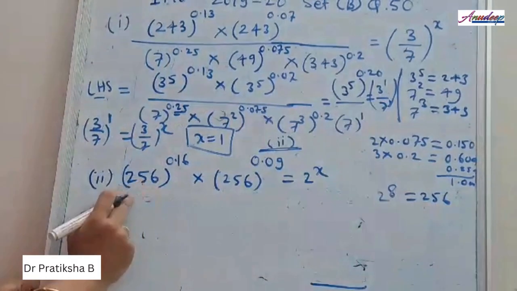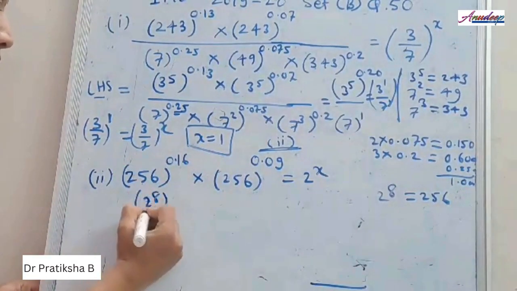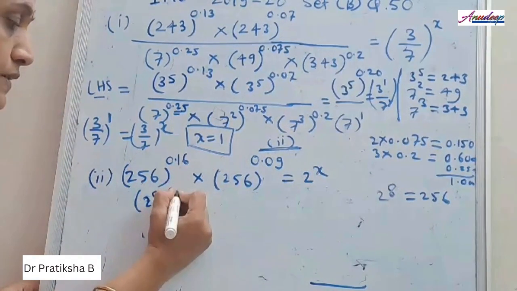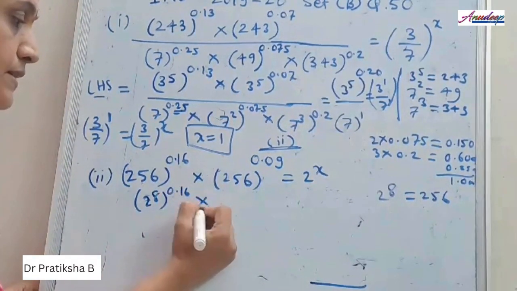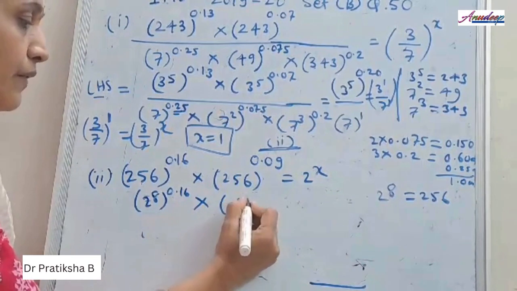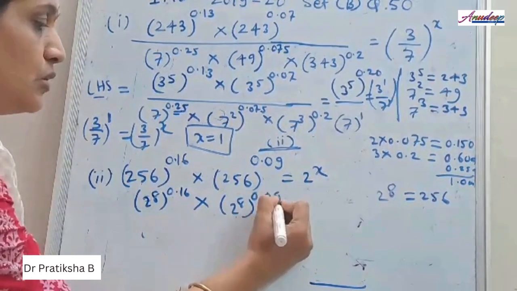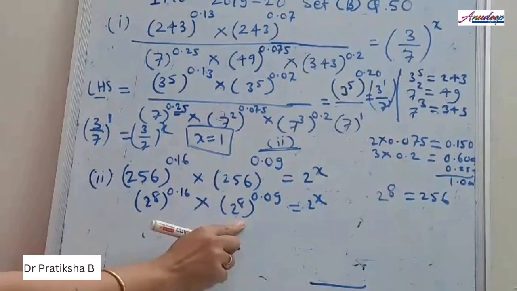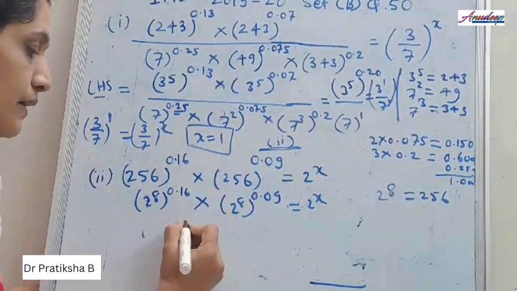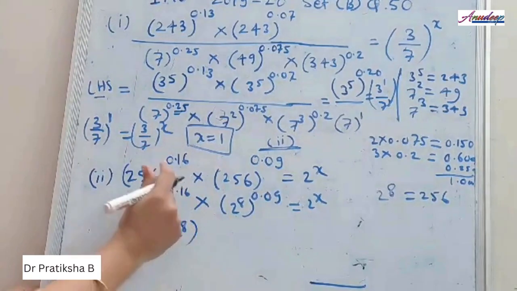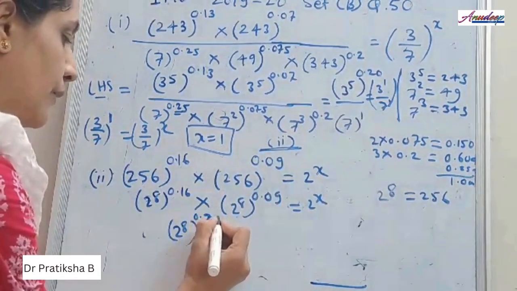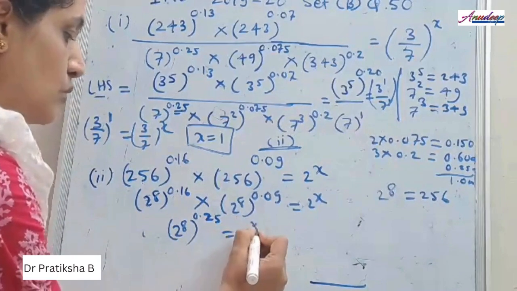So what I can write here? I can write 2 to the power 8. I'm converting 256 to 2 to the power 8, raised to 0.16 multiplied by 2 to the power 8 raised to 0.09 is equal to 2 to the power x. Again, the same base you have, so we can add the powers. So 0.16 plus 0.09 will give you 0.25. It is equal to 2 raised to x.